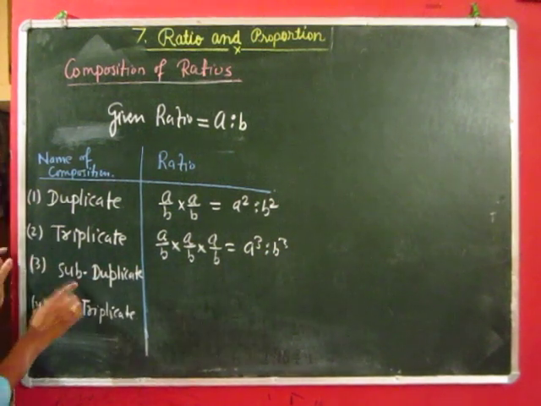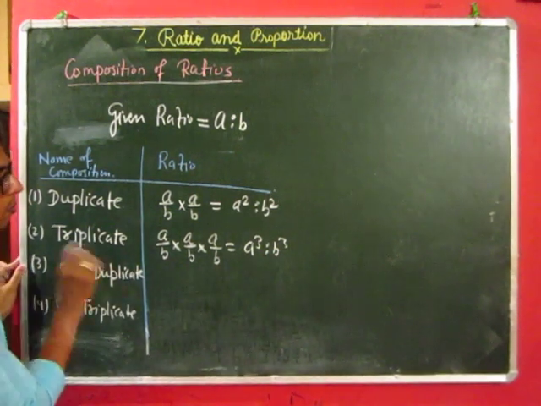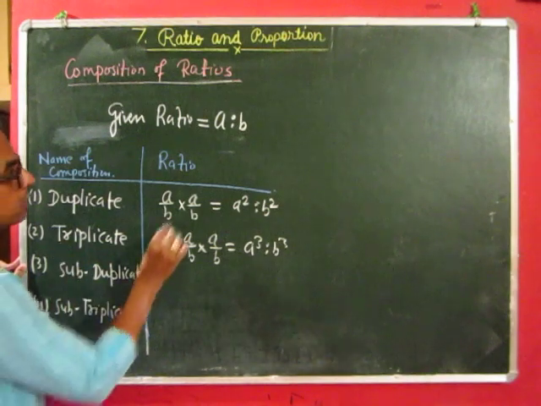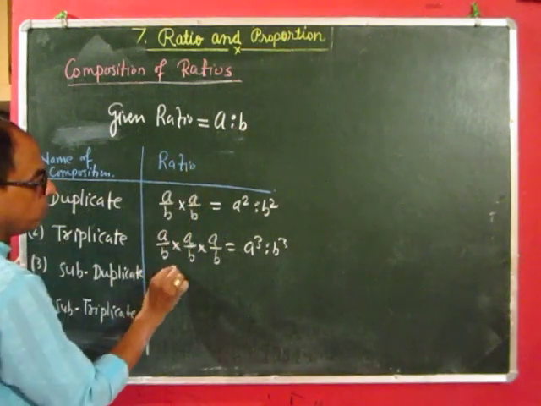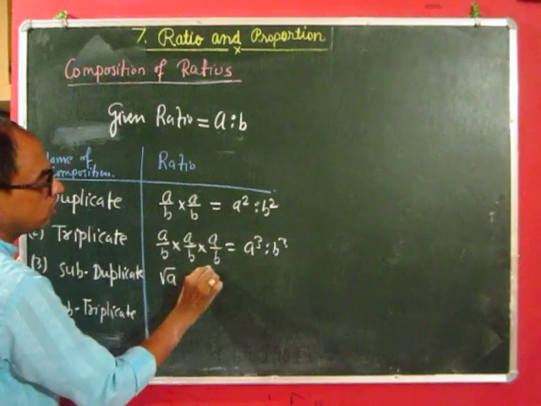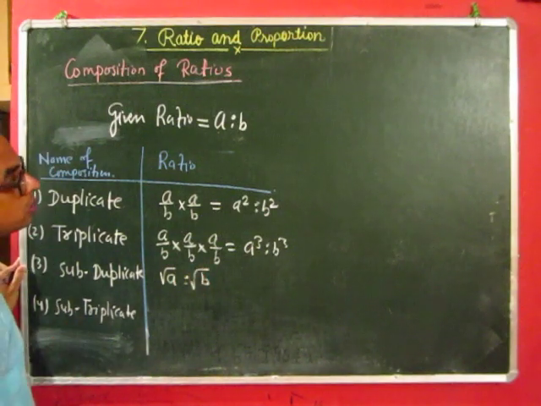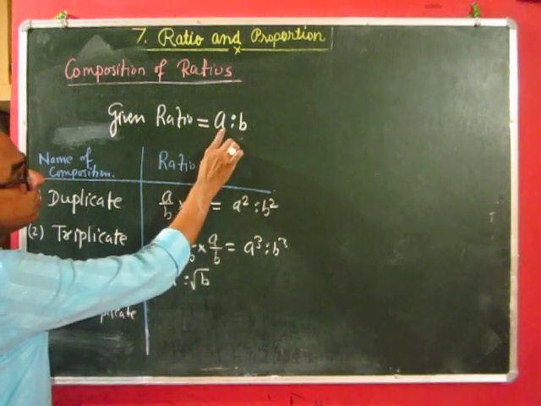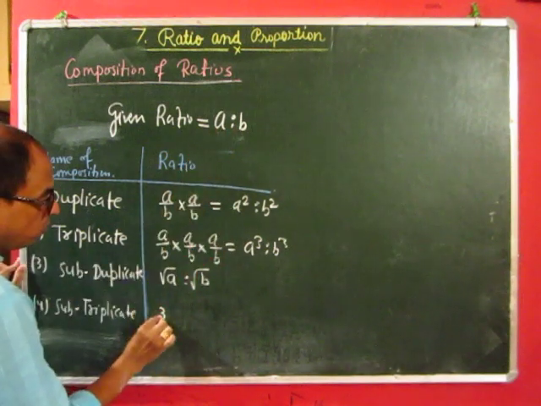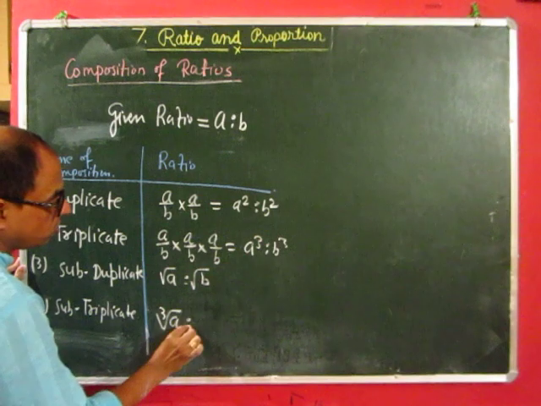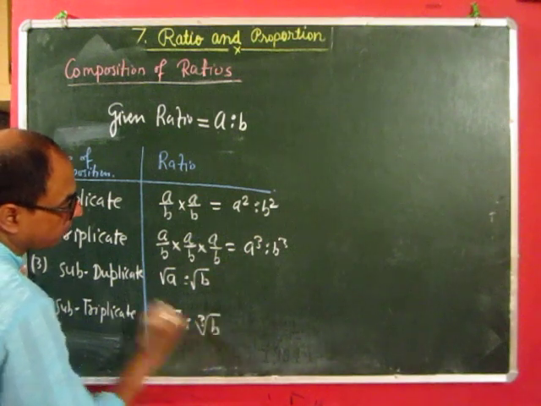Now subduplicate ratio is the square root of these two: root A is to root B. And the subtriplicate ratio is the cube root of A is to the cube root of B.